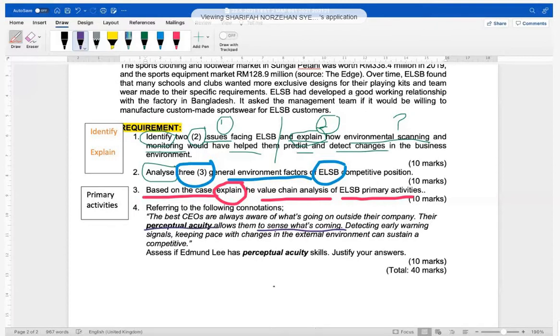They've already told you what this is all about: detecting early warning signals, keeping pace with changes in the external environment can sustain a competitive advantage. Basically this is the part related to this connotation.